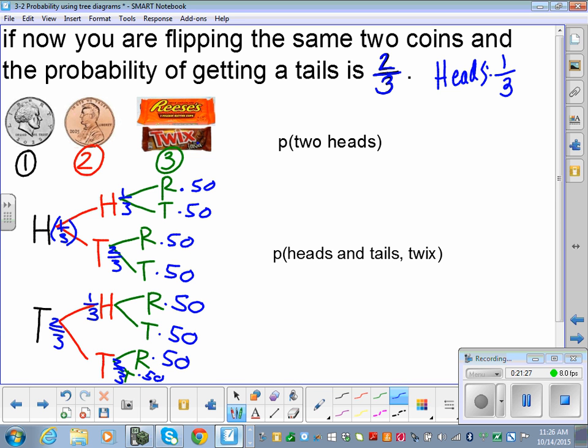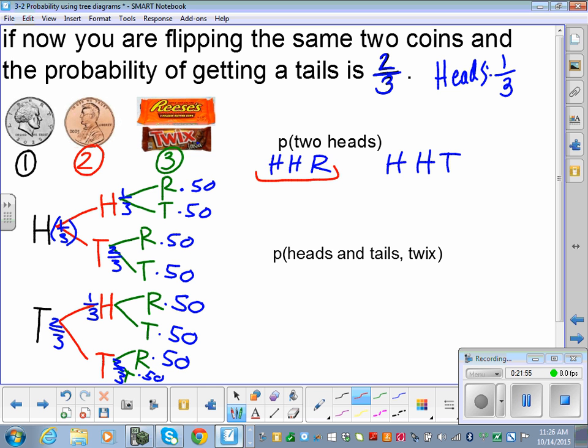Okay, so it says, what's the probability of getting 2 heads? So when does that happen? It happens with heads, heads, Reese's, and it happens with heads, heads, Twix. Now, these probabilities are weighted, so we can't just say 2 out of 8. They're weighted. So we've got to go through and multiply. We've got to figure out what's the probability of getting a heads, heads, and a Reese's.